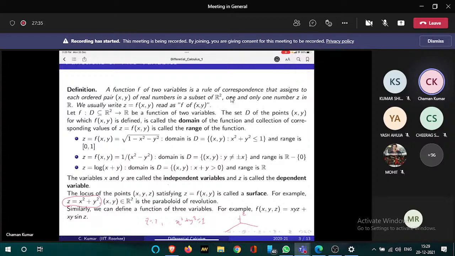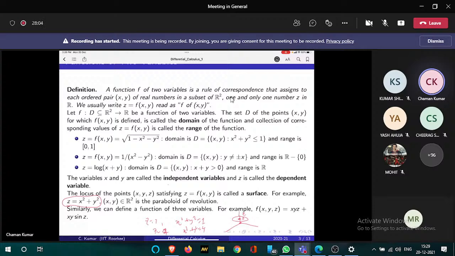On the z axis you take 1, and at this point you create a circle whose center is at z equal to 1, with x and y both 0. Then you change the value of z. Let's say z is 4, so you have x square plus y square equal to 4.